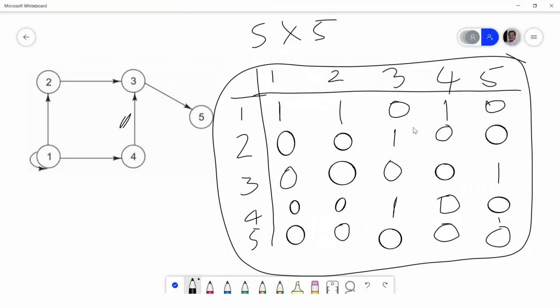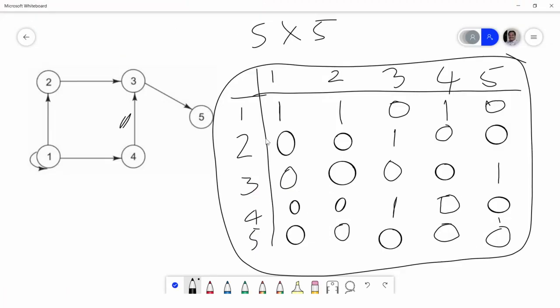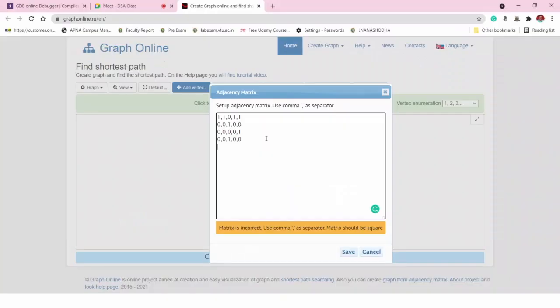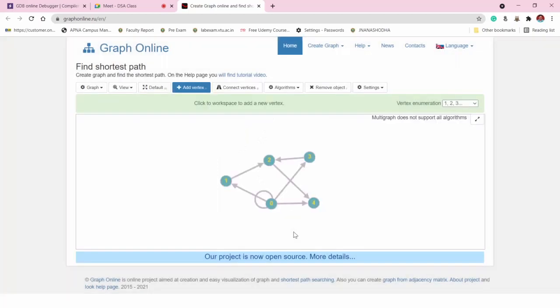Next, 0 comma 0 comma 1 comma 0 comma 0. Yes, it is done. Next, last row, everything 0. 0 comma 0 comma 0 comma 0 comma 0. Yes, it is done.